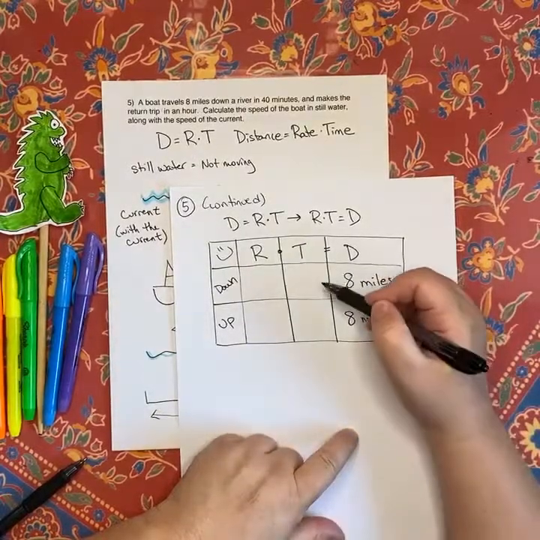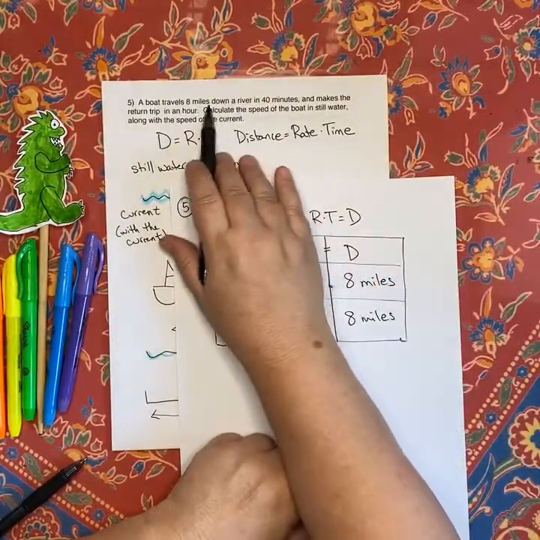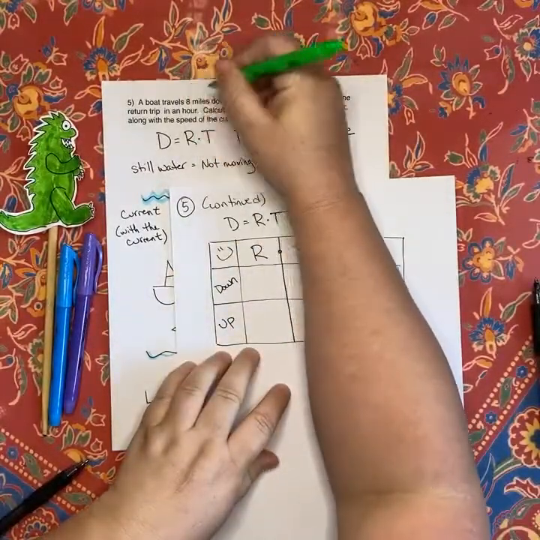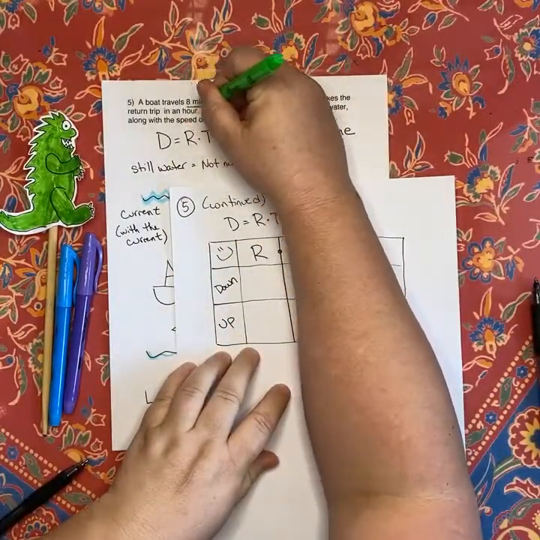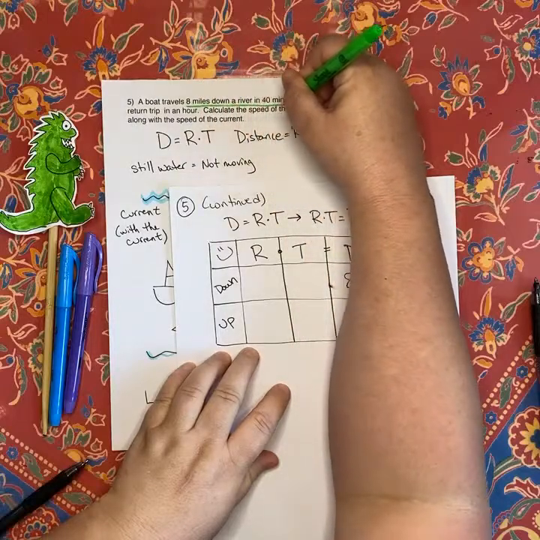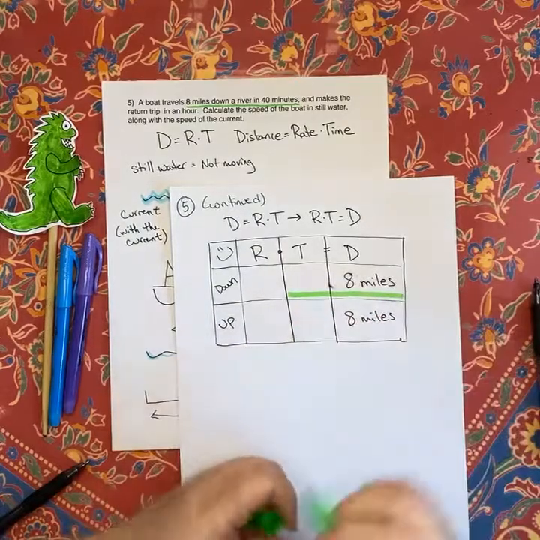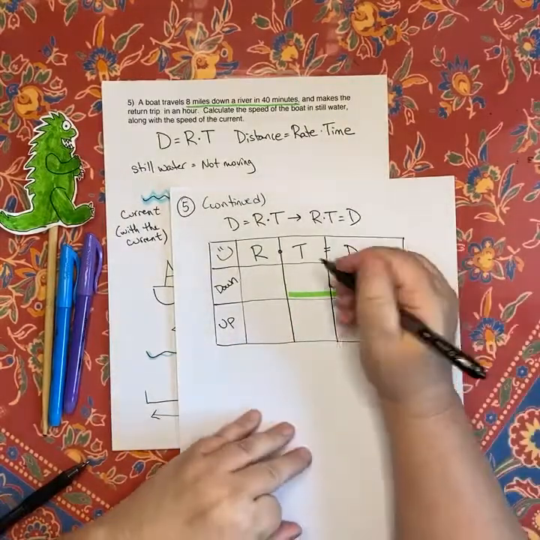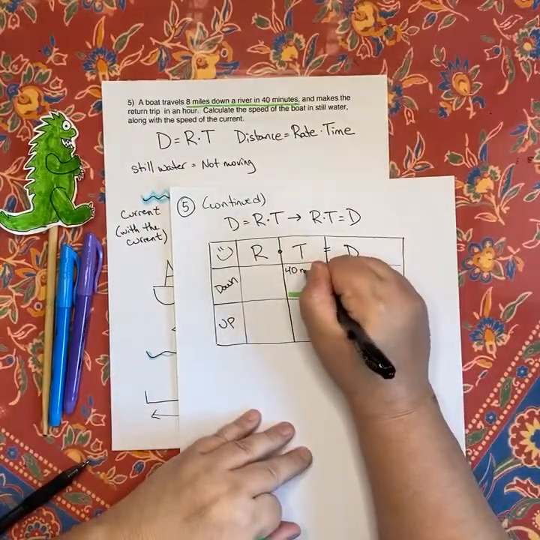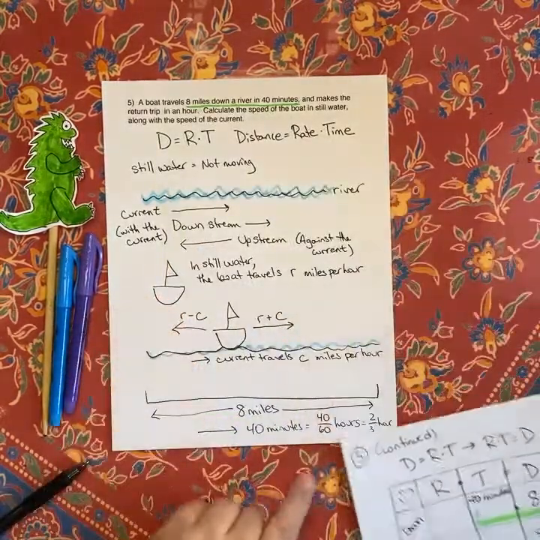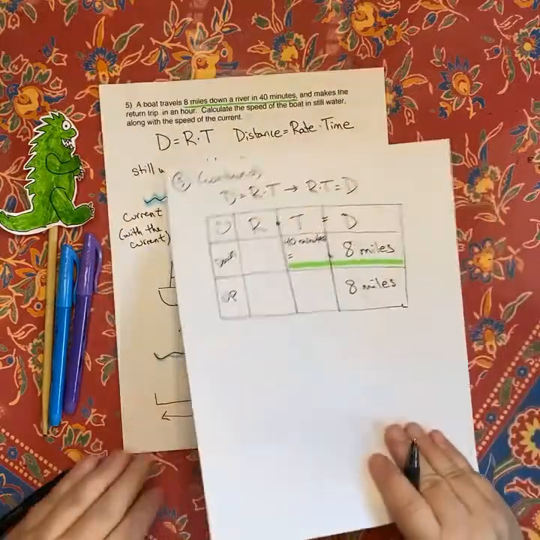Now, we know how long it takes to get down the river right here. 8 miles down the river in 40 minutes. So that's this part. So that's 40 minutes, which on the previous page, we had said is converted to 2/3 of an hour.